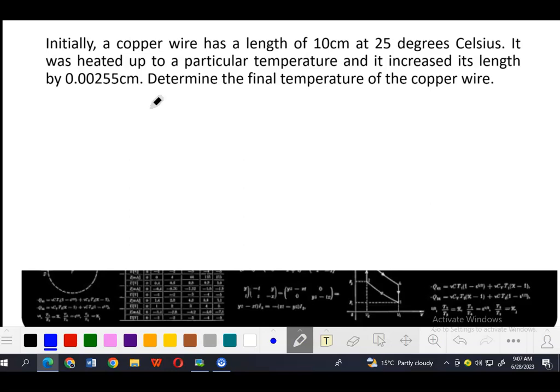Usually, the final length L must be equal to the initial length L0 times (1 + alpha delta T). In our previous videos, I had already helped you to derive this formula, so you can refer to the previous video on how we derive it.